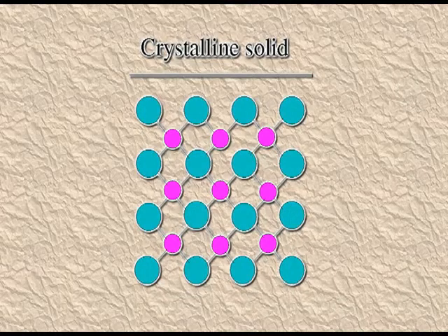Solids are further classified into crystalline and amorphous state. Now, what is the difference between this crystalline and amorphous state? How are these two states generated? When the constituent particles are orderly arranged and the orderliness is throughout, then that solid is a crystalline solid.